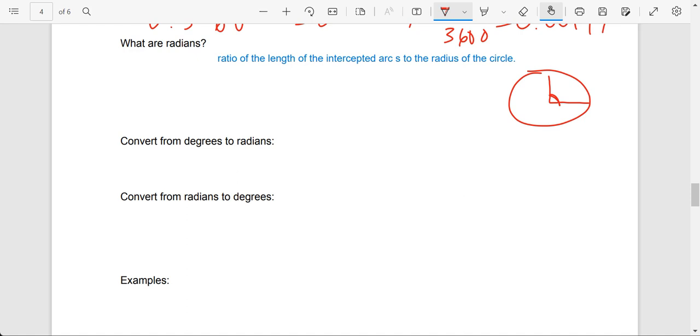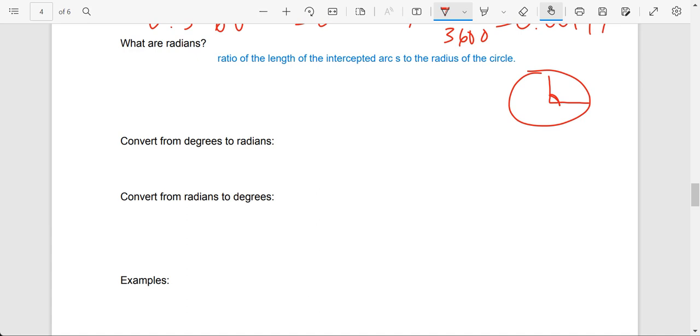Let's say we did find the angle of the whole circle. As you know, one circle is 360 degrees. What's that in radians? 2 pi. Now you might say, why 2 pi? Well, think about it. If I ask you for the circumference, circumference is equal to 2 pi r if you remember right.